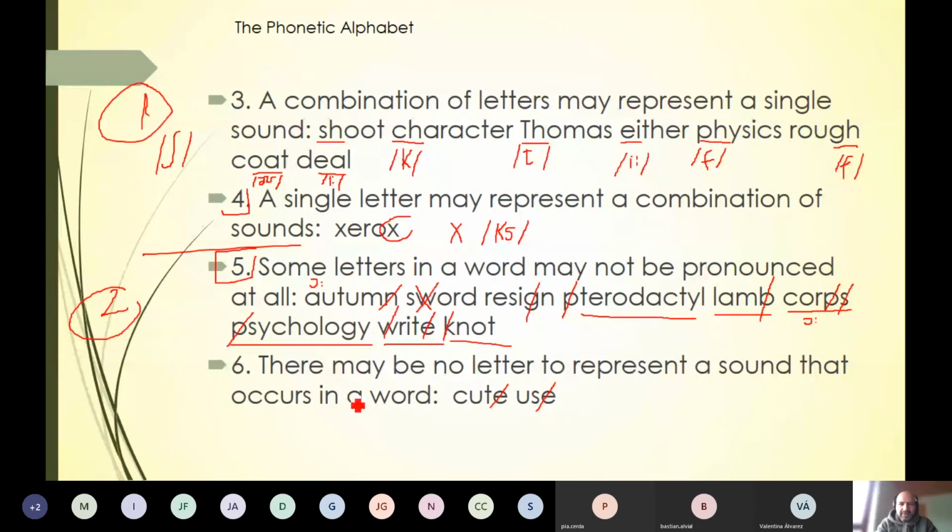Sometimes, as we can read in number 6, maybe there's no letter to represent a sound that occurs in the word. For example, when we say cute or use, right? The final letter is not produced, right? Cute, use.